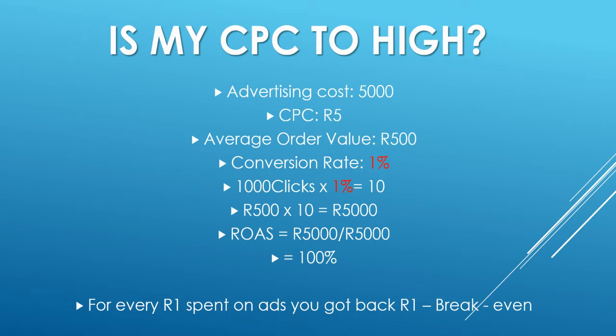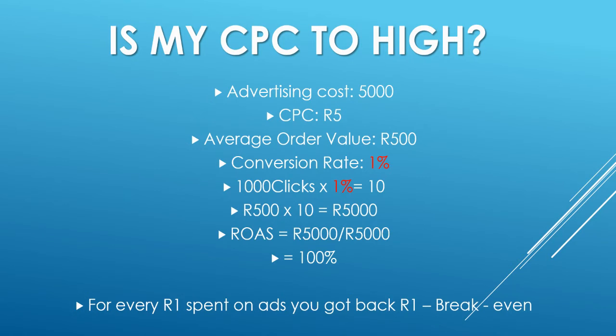So your return on ad spend is 5,000 divided by 5,000. That gives you 100% return on ad spend. What that means is that for every 1 Rand you spend, you got 1 Rand back. So it's a break even on your ad spend.